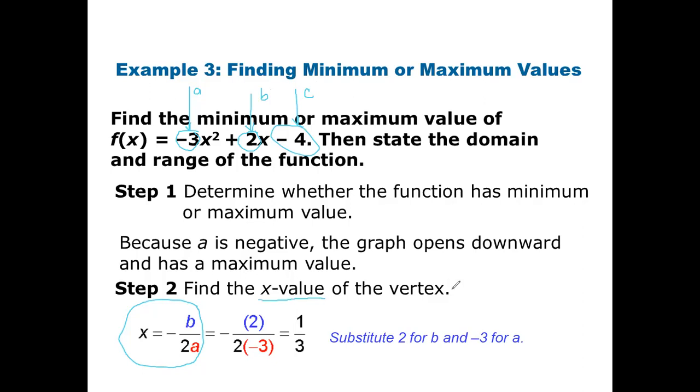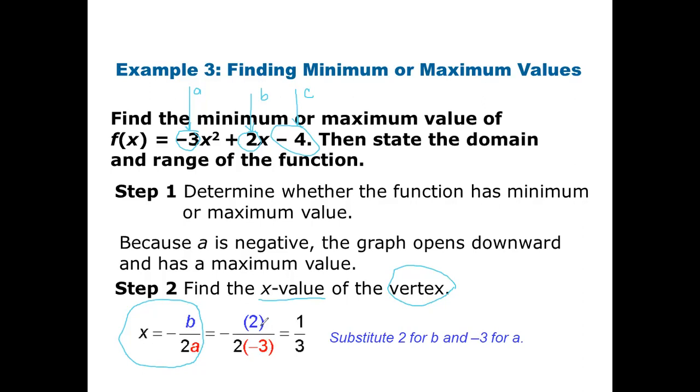So therefore, substituting that one, we get b, which is 2. So you have here substitute b, which is 2, over 2a. And take note, a is -3. So therefore, 2 times -3.